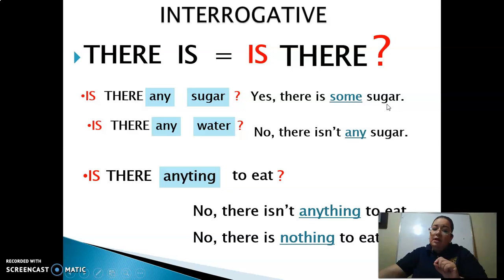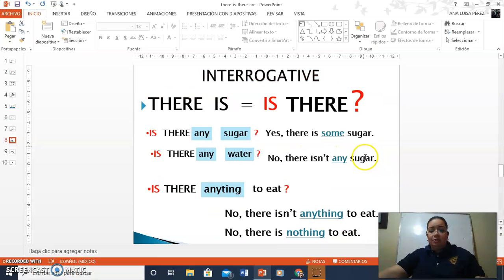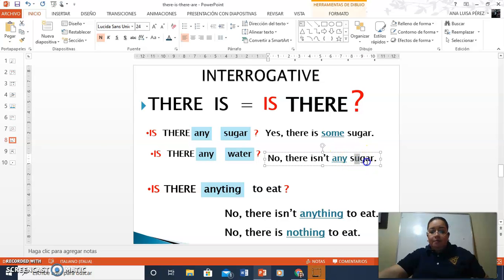Why in singular? Because I am using sugar that is a non-countable noun, as I explained before. So sugar with some, yes, there is some sugar. Is there any water? Non-countable?